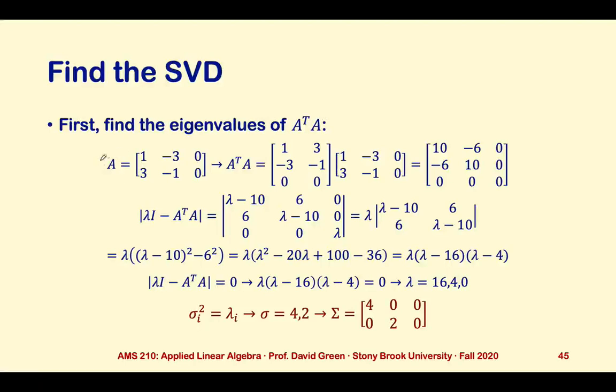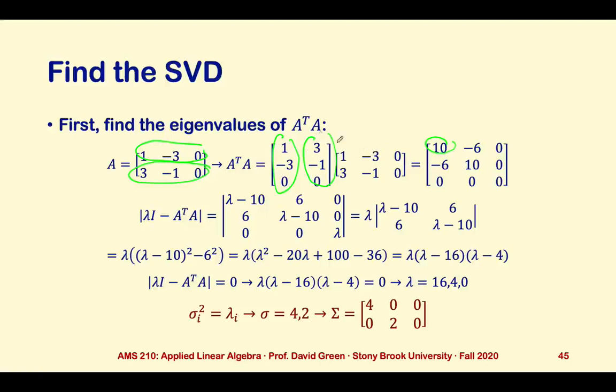So we start with our matrix A and evaluate A transpose times A. So if A is 1, negative 3, 0, 3, negative 1, 0, A transpose, of course, takes each row and makes it a column. And then we do the multiplication. 1 plus 9 is 10.